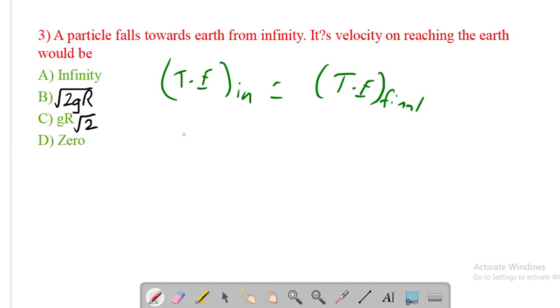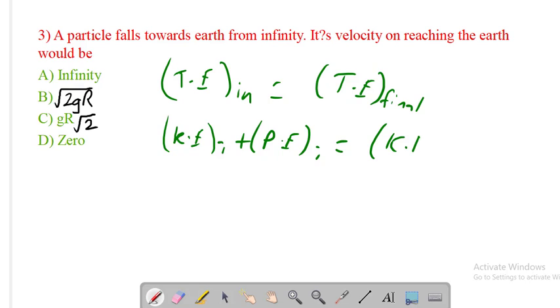So this total energy is initial kinetic energy, I just write I, plus initial potential energy, equal to KE final plus PE final.